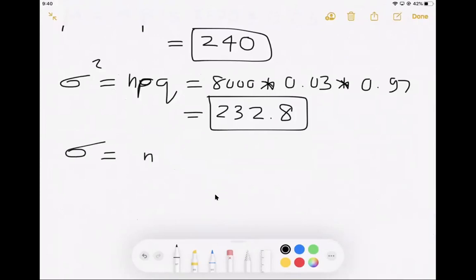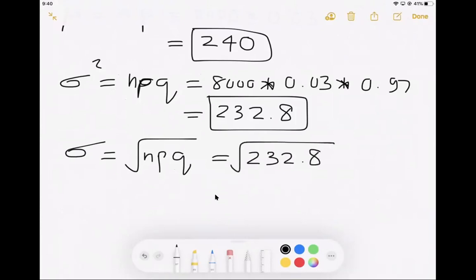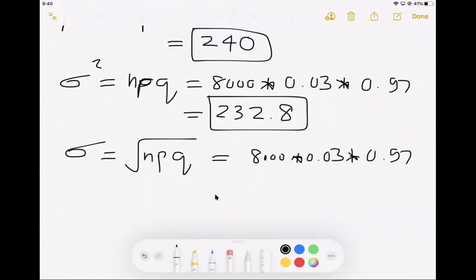Take the square root of npq. It's good to write the whole number, otherwise it will be wrong. Take the square root of this value, and it is 15.258.